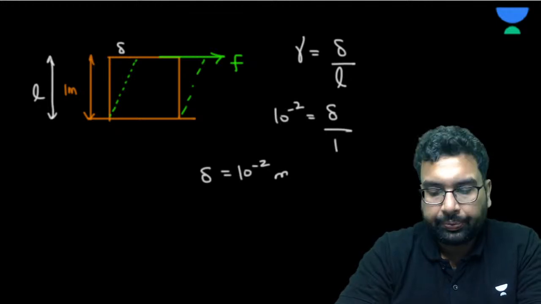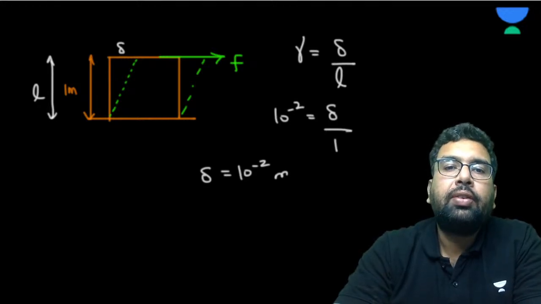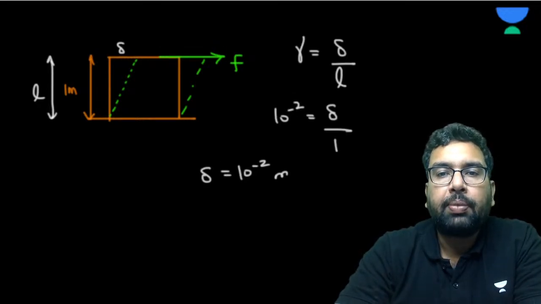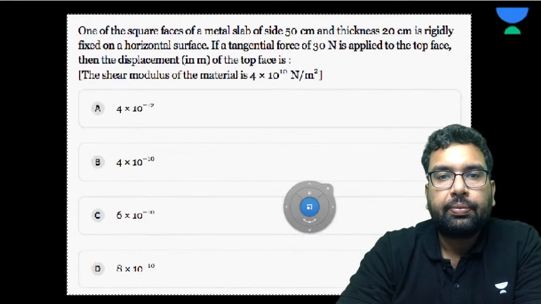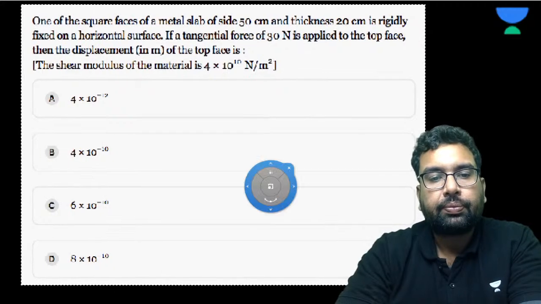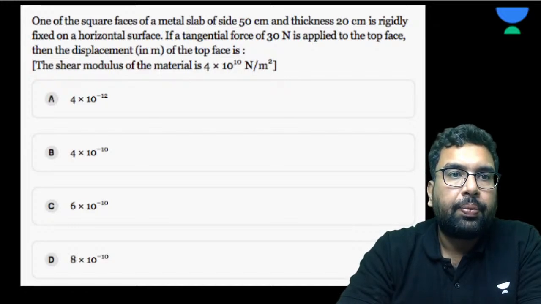Very easy, no? And they can ask you the shear angle also. See, shear angle and shear strain are more or less the same thing. Come, let's try this one. I'm very sure we can do it. Please go ahead.